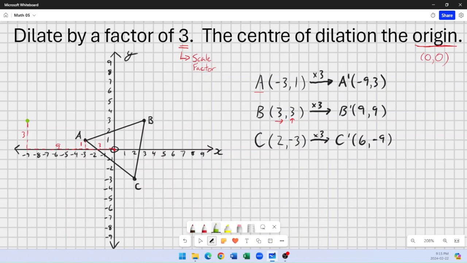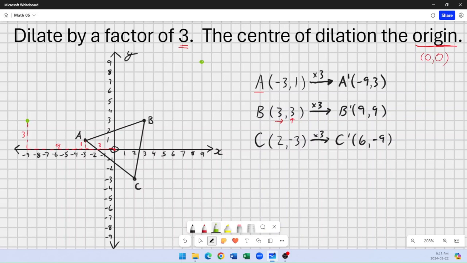B is going to be 9 and 9. That's going to get in the way of my scale factor there, so let's fix that. We'll write it on after. So we have 9 and 9, which is up here.